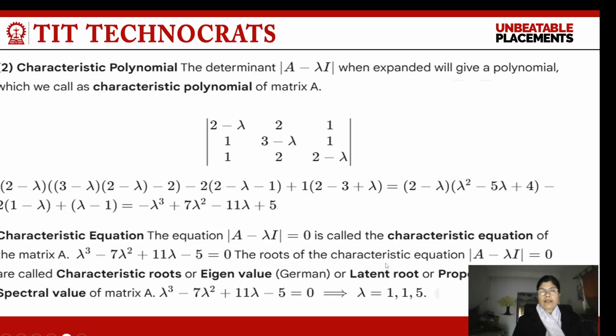The roots of the characteristic equation determinant of A minus lambda I equal to 0 are called characteristic roots or eigenvalues, or latent roots, or proper values, or spectral values of matrix A. So we get lambda cube minus 7 lambda square plus 11 lambda minus 5 is equal to 0. Then we get lambda is equal to 1, 1 and 5.